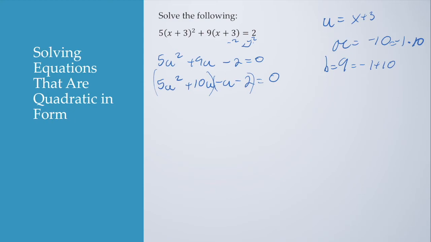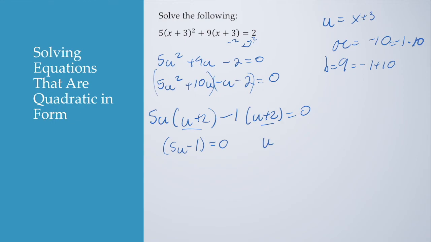And then we factor by grouping. The greatest common factor of 5u squared and 10u is 5u. So I have 5u times u plus 2. The greatest common factor of negative u and negative 2 is going to be negative 1. Remember, we never like negative leading coefficients, and I need both of these to look the same. Sorry, I skipped a step.